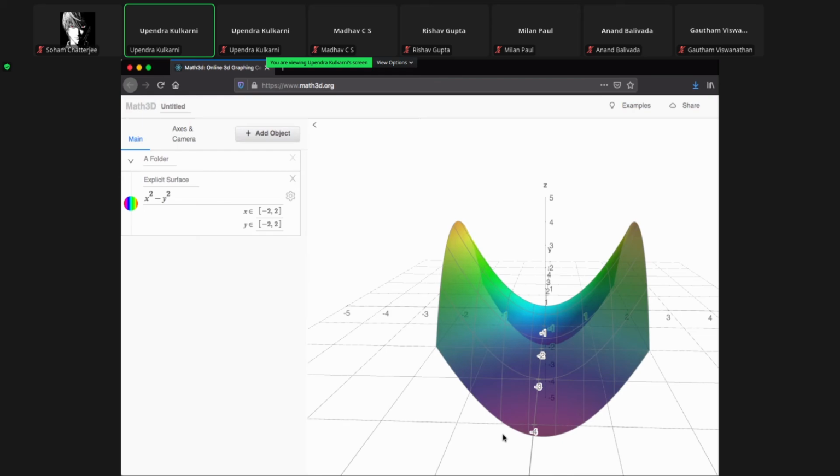So y is lambda times x. Then you are just going to get x square times 1 minus lambda square. And that just completely settles it. Of course, it is going to be a parabola.